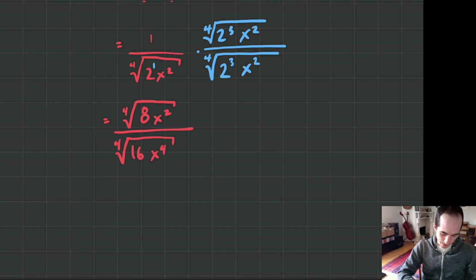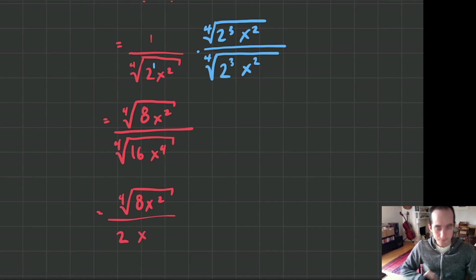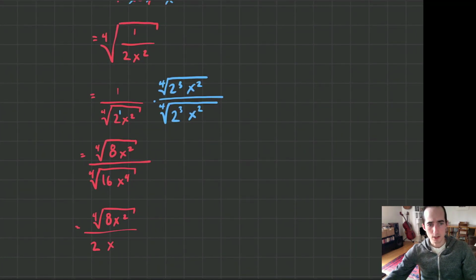And I can simplify this. I can't do anything to the numerator anymore. This is the fourth root of 8x squared. And the denominator is, the fourth root of 16 is 2, and the fourth root of x to the 4 is just x. And just like that, I've rationalized the denominator. So that's that. Okay.